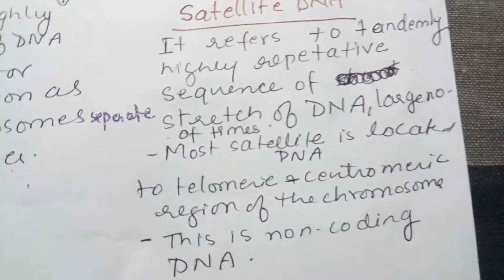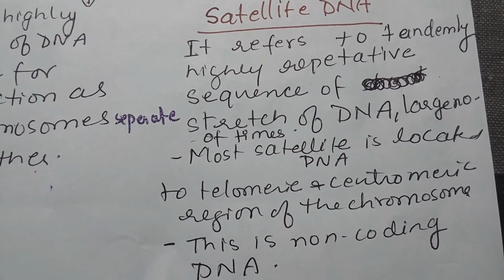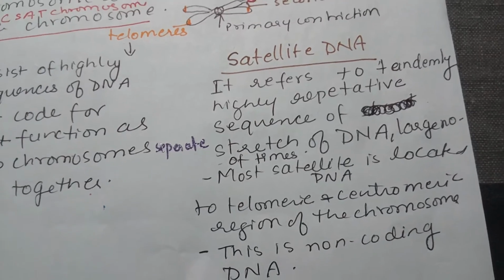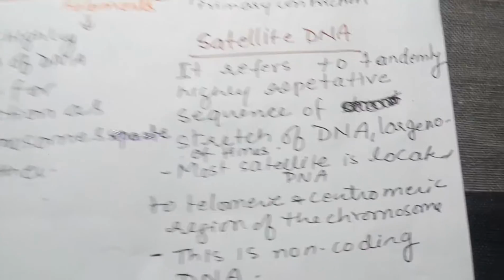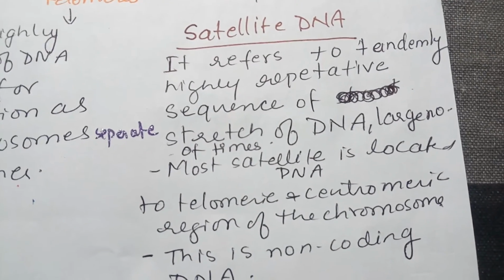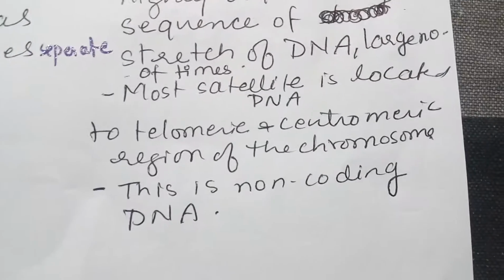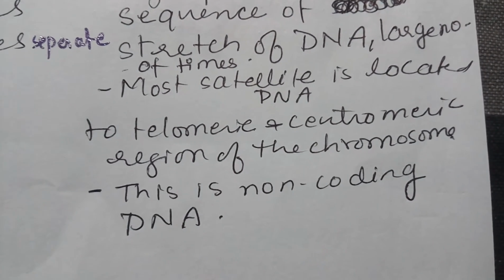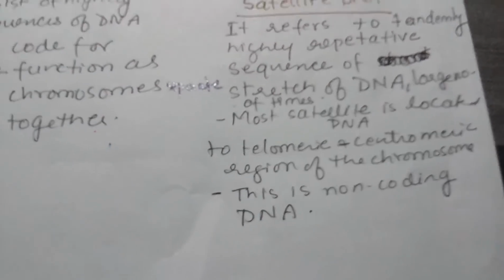For example, tandem repeats like AATGC, and just after that it will repeat again, AATGC, AATGC, AATGC, AA. So this is called a tandem repeat. Such sequences are present in satellite DNA, and mostly it is located in the telomere and centromere regions of the chromosome. They don't carry many functional genes, and this is also known as non-coding DNA. Again, we'll be talking about non-coding DNA in the next video.